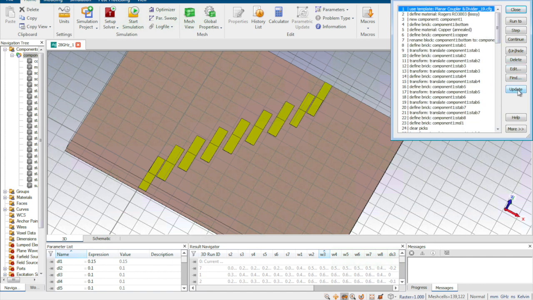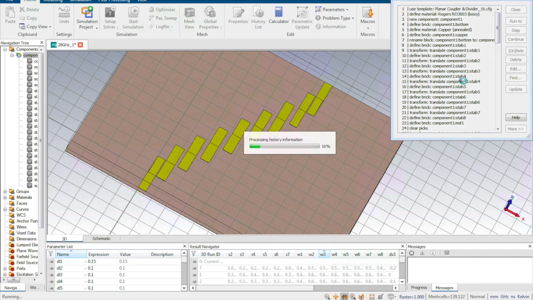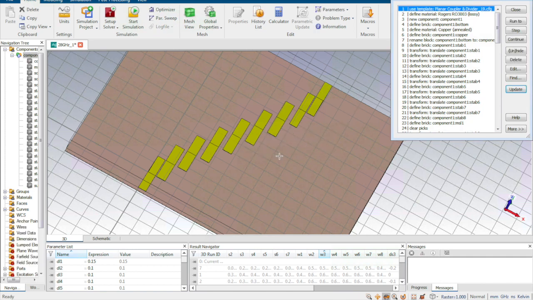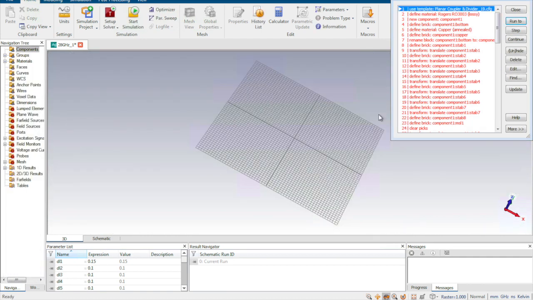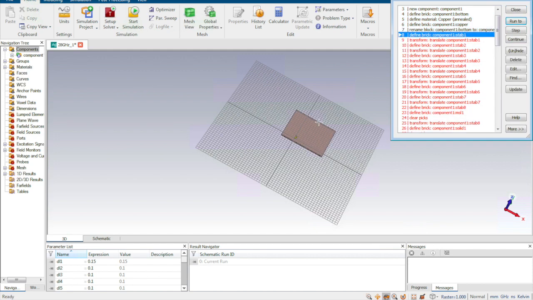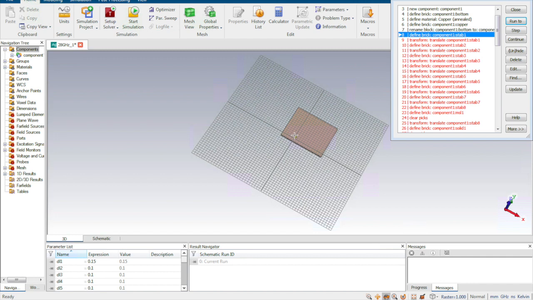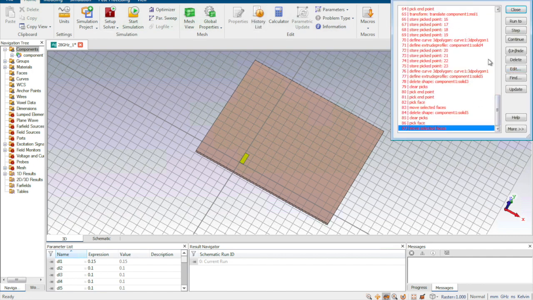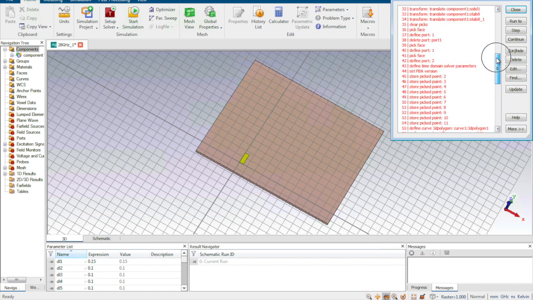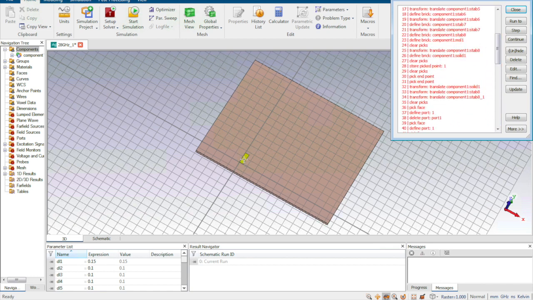I first build the first microstrip lines here, and then go to the coupled line here, and then the next coupled line, and like this we build it stage by stage.